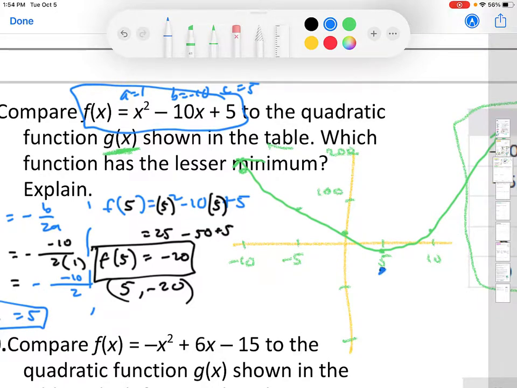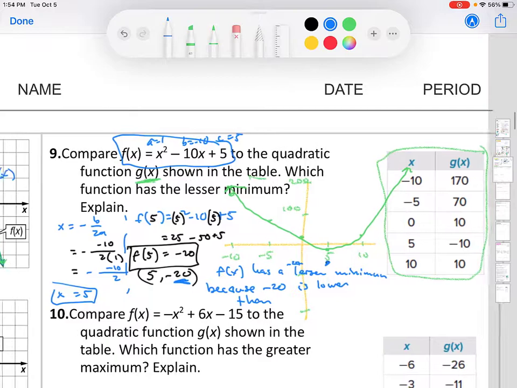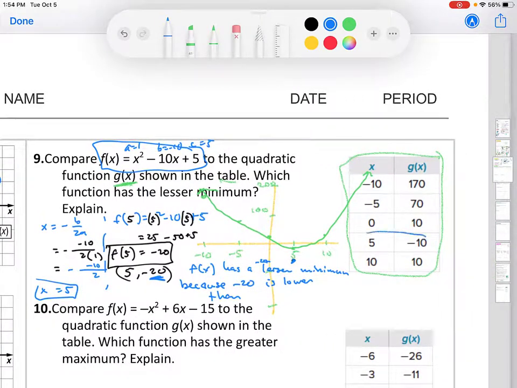So f of x has a lesser minimum because, so when it says explain, that's the word because in math a lot of times. -20, right, is lower than, what was our number over here? What's the lowest number on our y values? -10. Okay?